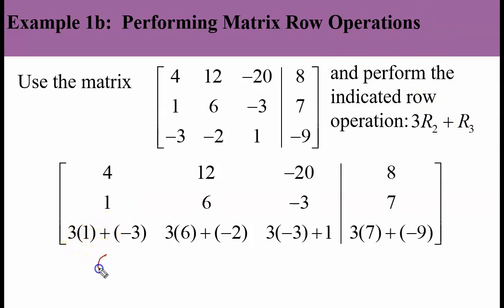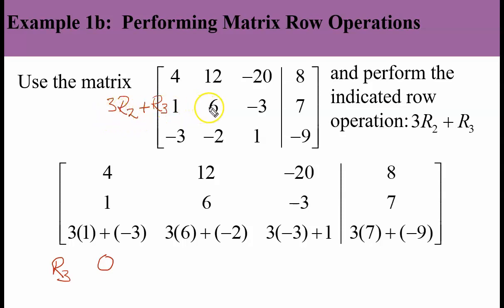This is going to be a 0. Now this is going to be row 3 here eventually. And again, we're multiplying this row by 3 and then adding it to row 3.